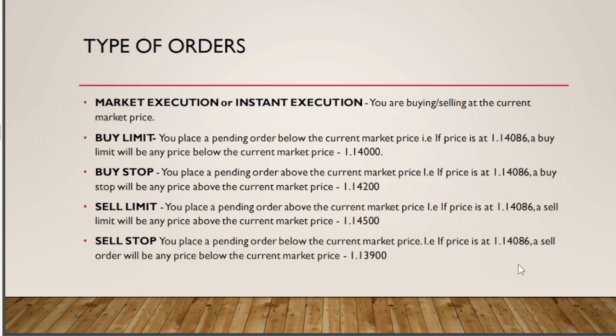Always press your notification button and you get the next class on types of orders. I will explain what it means, and from there I believe you will have an understanding before we swing into the practical session.